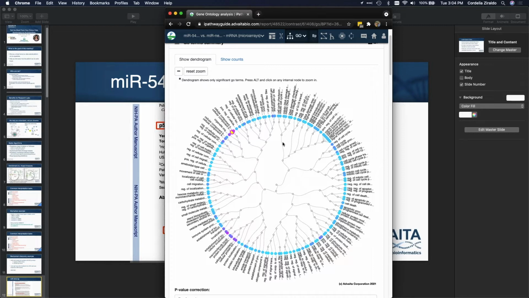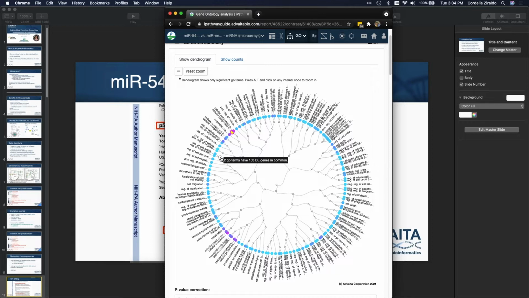So for example, regulation of cell motility is right next to regulation of locomotion. And if we hover on this white node here, you can see that these two gene ontology terms have 103 differentially expressed genes in common. Now, they may have more than that in the ontology itself.